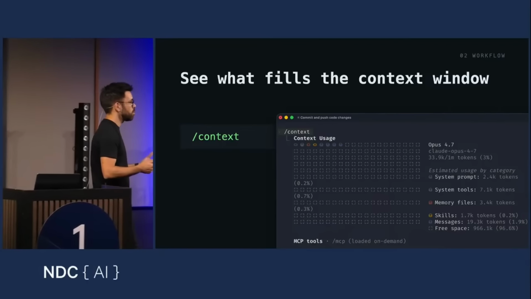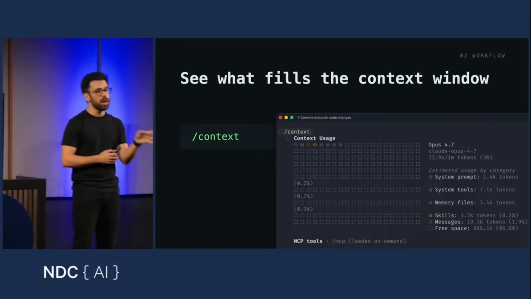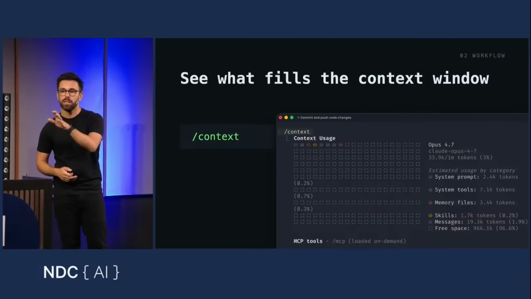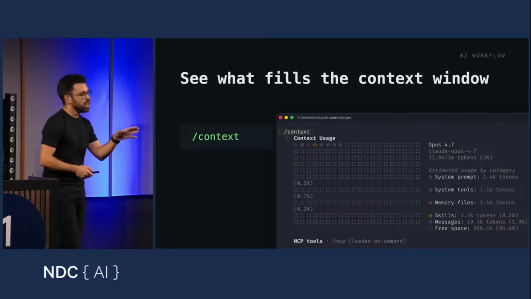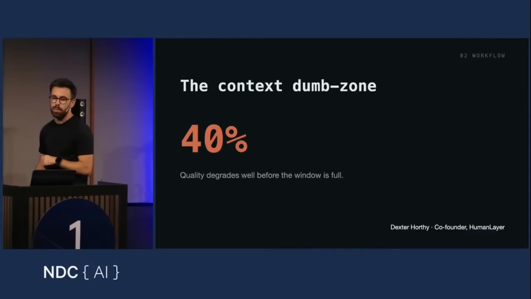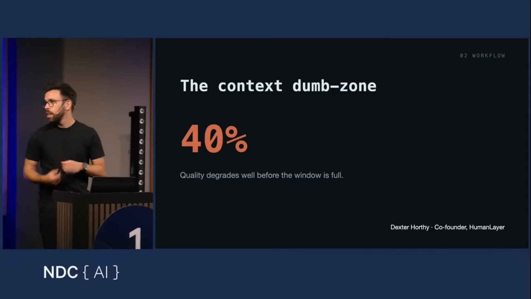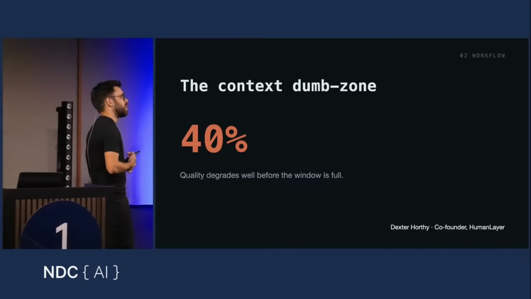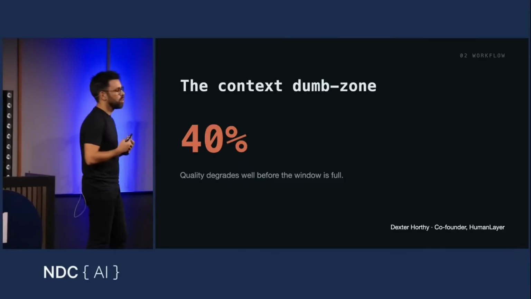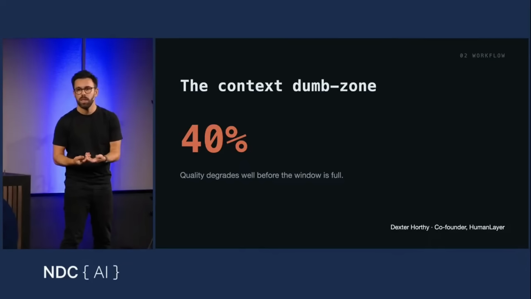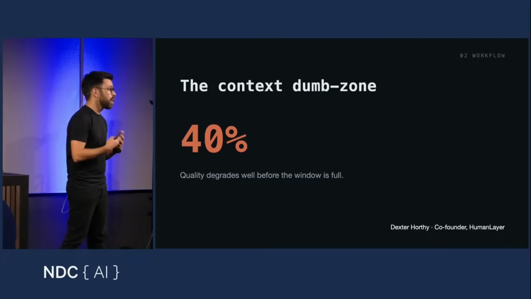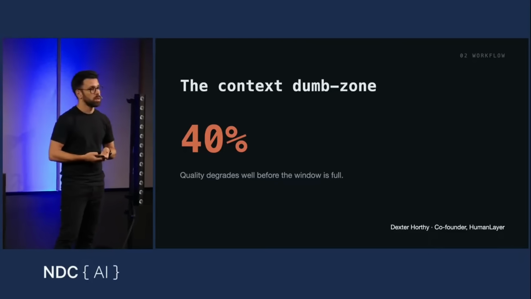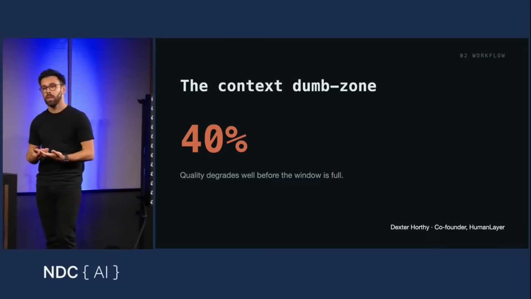But according to many different people, once you go above 40 to 50% consumption of the context window, you get into something that a guy named Dexter Horthy from Human Layer calls the dumb zone. Why? You actually start seeing that the quality of the responses, the accuracy, the grounding of the response is not as good. And also it takes more time.